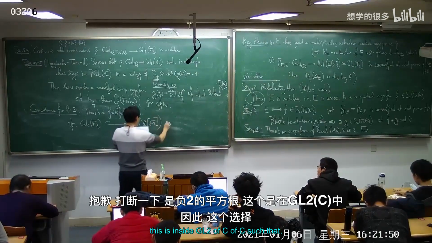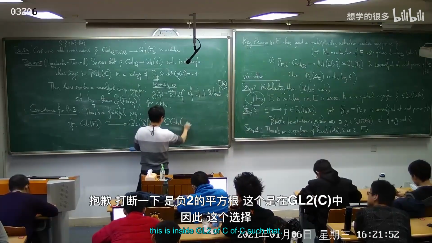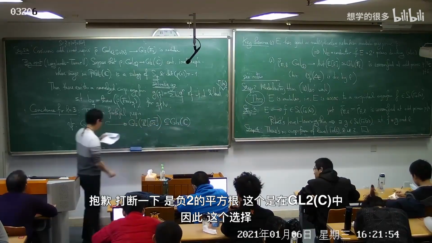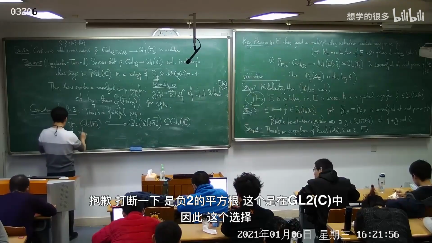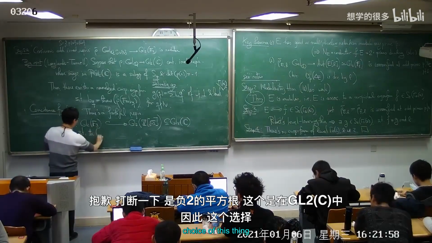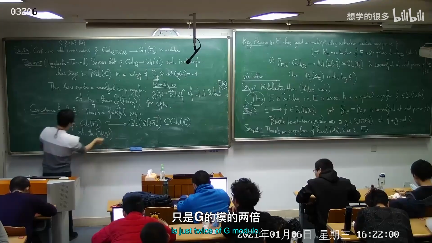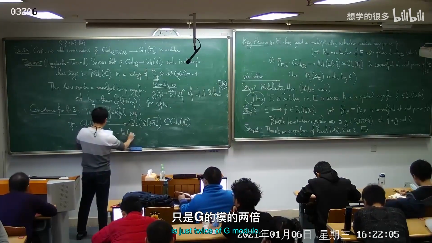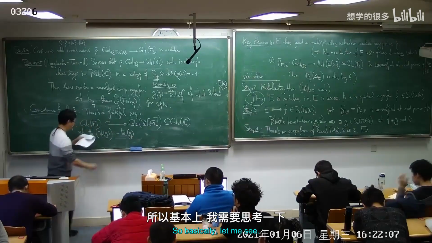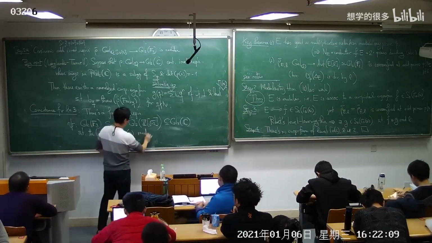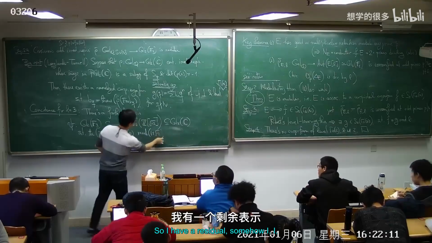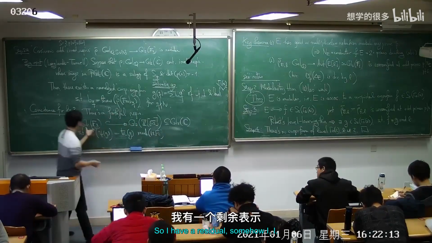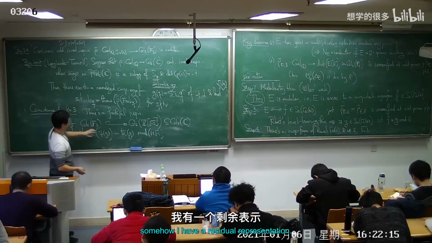This is like GL2(C), such that the choice of this thing is just the choice of g modulo. So basically, I have a residual representation.